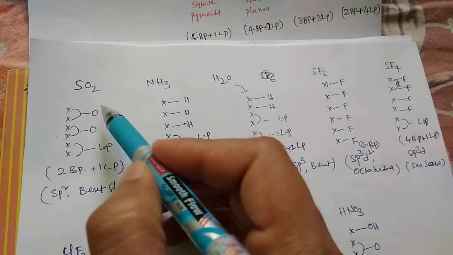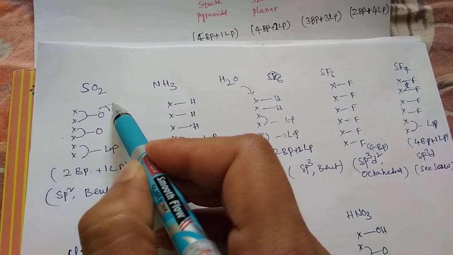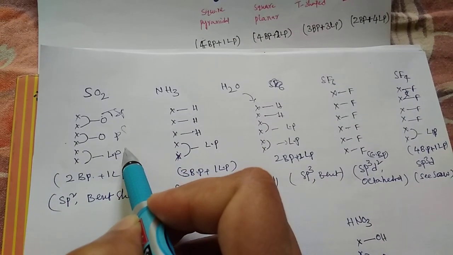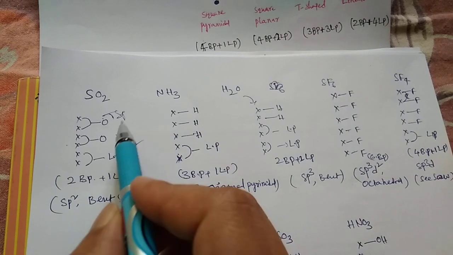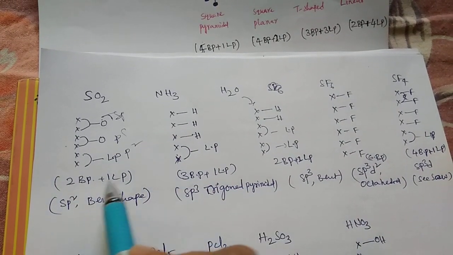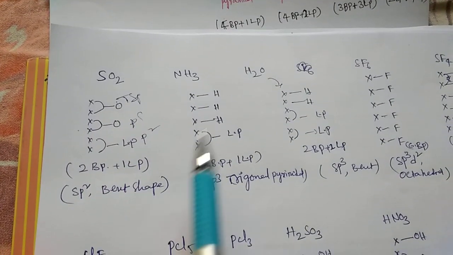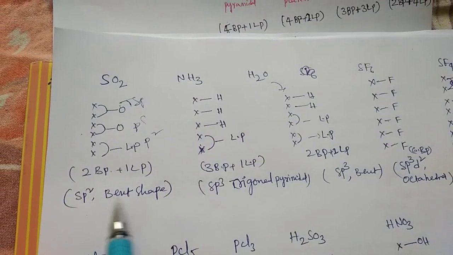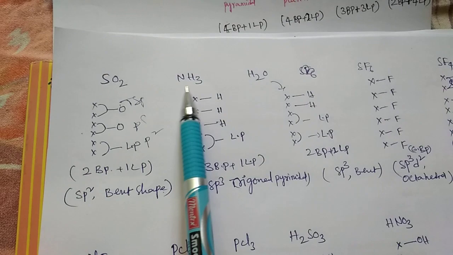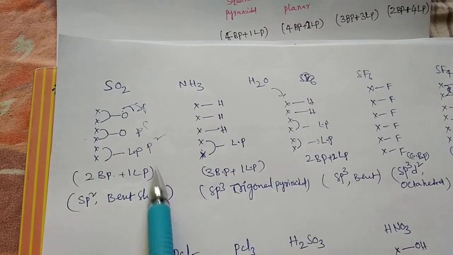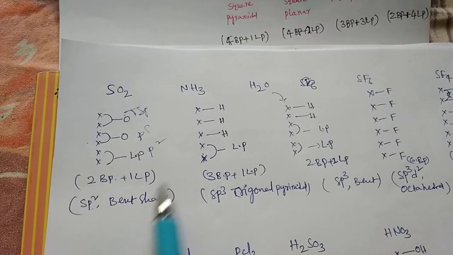You just consider this is s, this is p1, this is p2. So sp2 hybridization, bent shape.